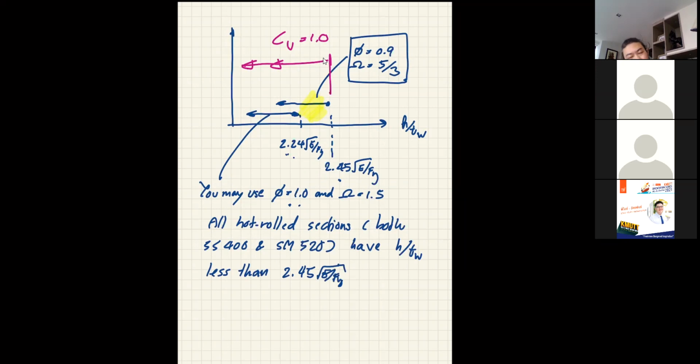Okay, so it's safe to say that for all the hot roll sections, your nominal shear is simply 0.6 Fy d tw. But you always have to check this.